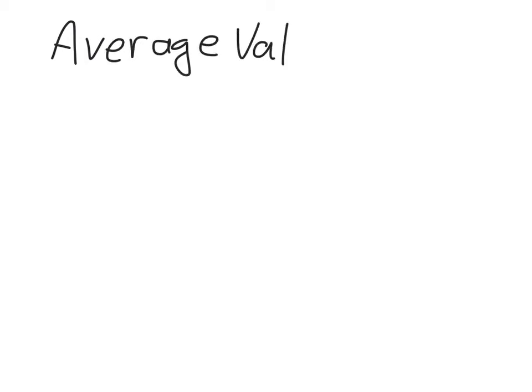Then we jump to the idea of the average value of a function over a certain interval. And that might be the easiest section we looked at for this unit.